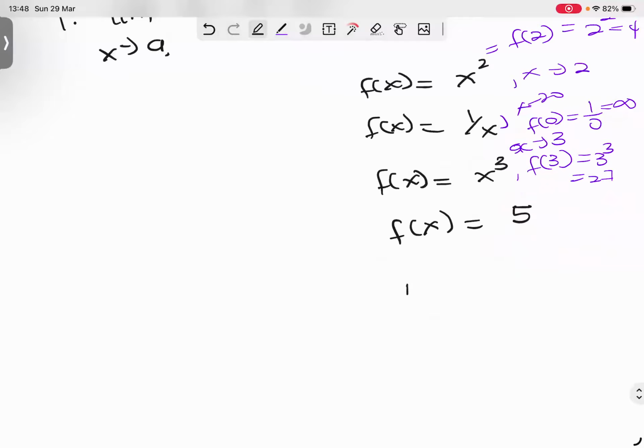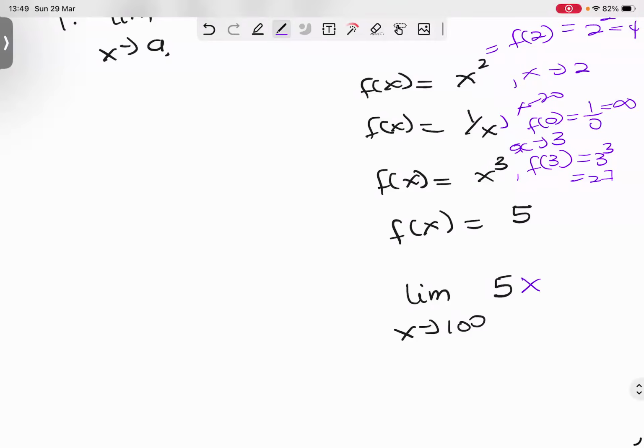So for instance, if we are finding the limit as x approaches 100 of 5, there is no x in here for us to put the 100. If we are doing direct substitution, then I need to see the x in order to put the 100 there.